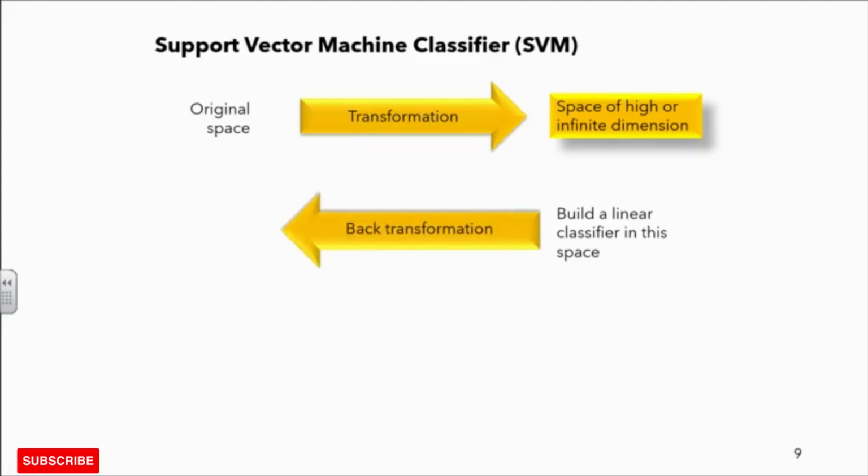Then, when we have this, we can go back to the original space and get the result in the original space. So what this type of classifier is doing is apply a transformation on this, then run a classifier on this transformed data using a linear classifier.